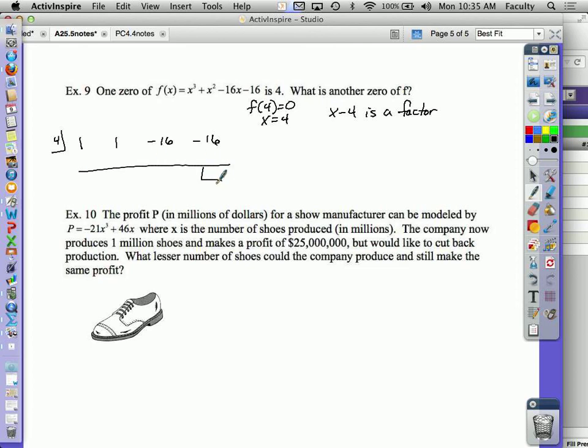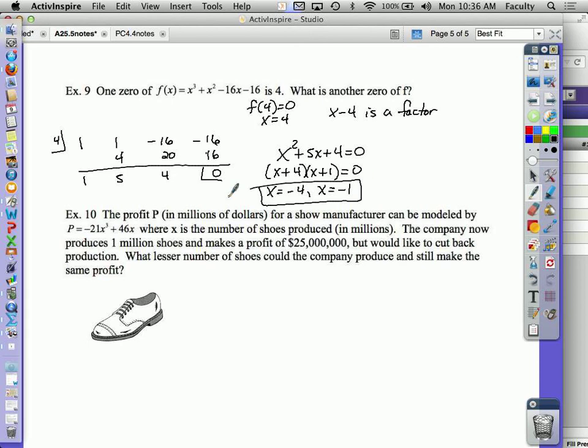And then use factoring to find the other solutions or zeros. Okay, so you should be getting x is negative 4, x is negative 1.